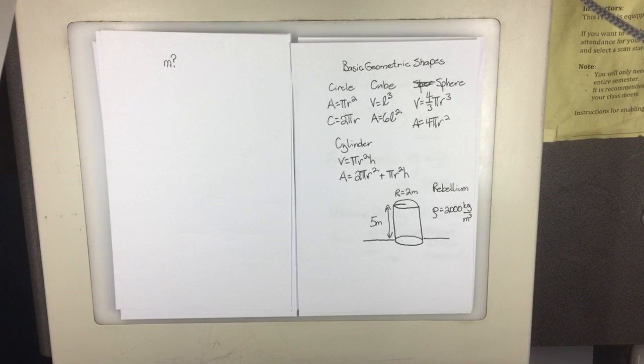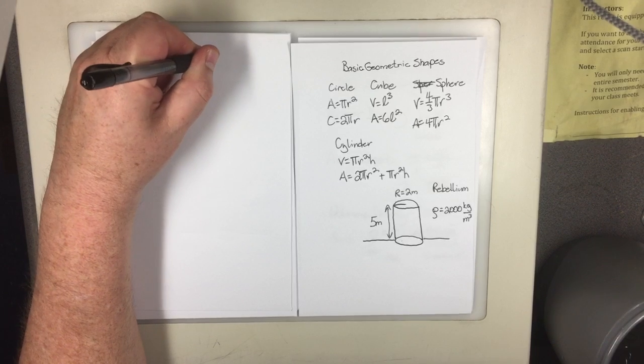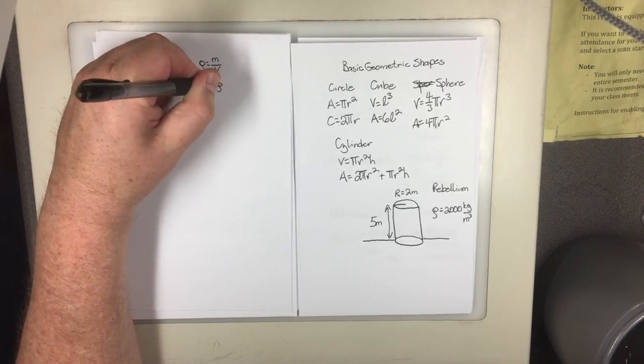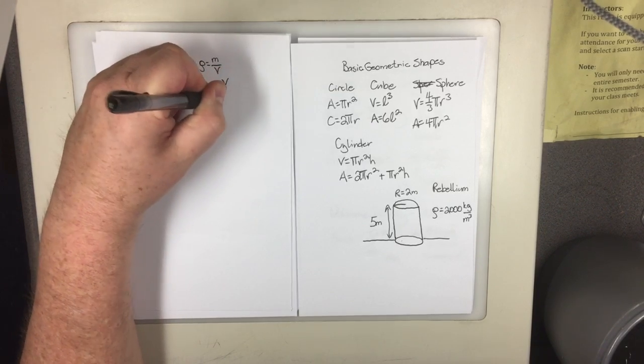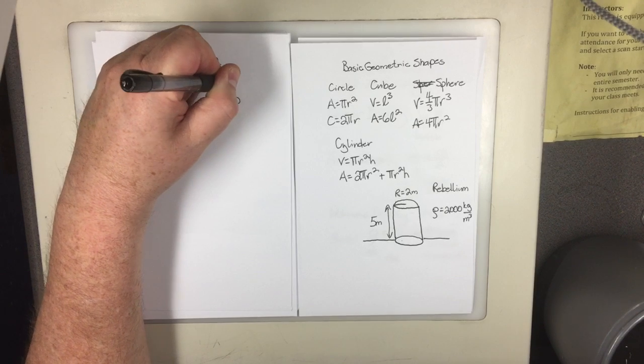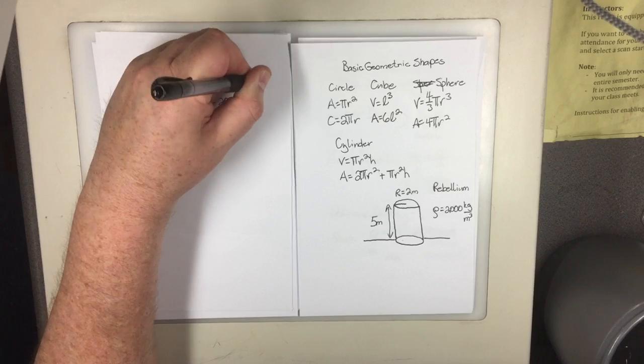So we have to use our Swiss Army knife equation. Rho is mass over volume, so mass is rho times volume, which is 2,000, and then volume is pi r squared h.